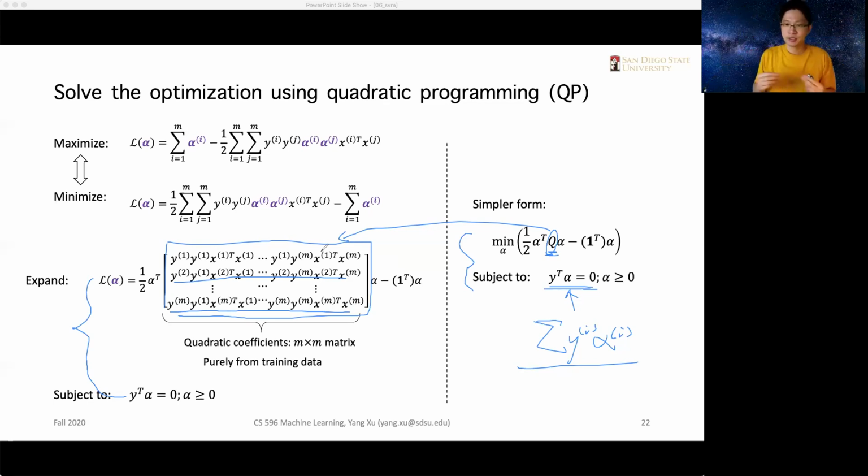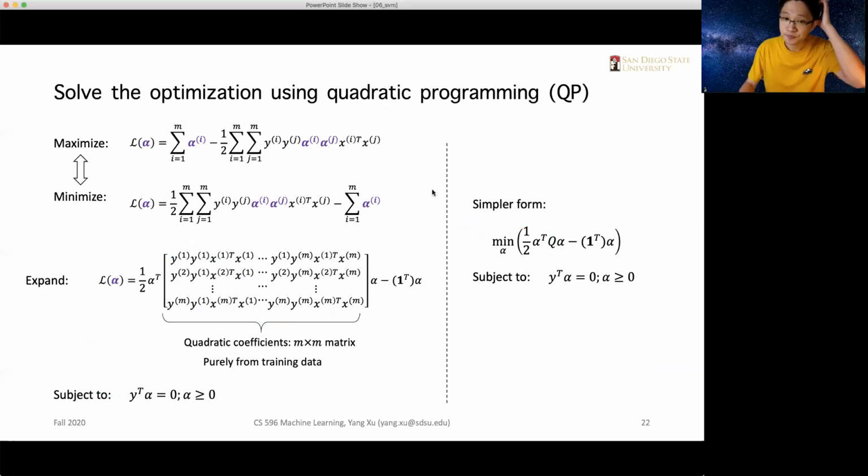It looks like the covariance matrix of the data set, but we're not actually talking about variance here. We're just using a bunch of dot products, between all the features and the product between all the labels. That's how we construct the Q. So Q is something we can compute, and it's pretty clearly defined.